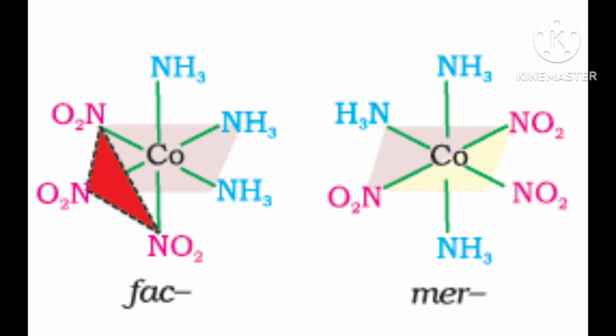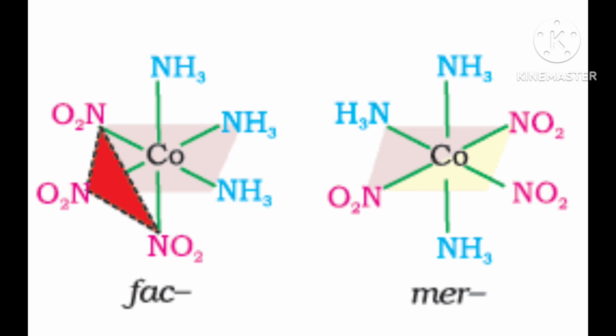Like that, 3 NO2 are there, then 2 NO2 are close, adjacent, and the third NO2 is opposite, meaning far, just like one NO2 above and the other below the cobalt.